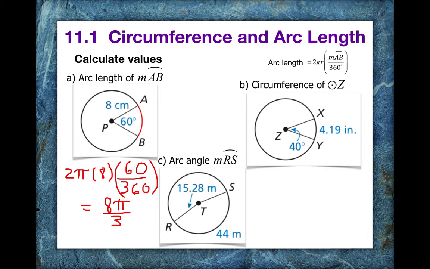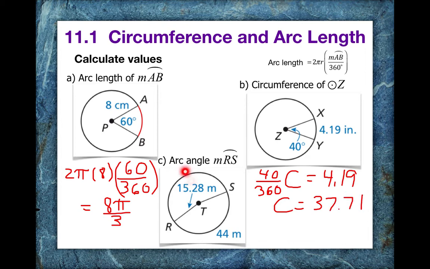So we know that 40 degrees over 360 times the circumference is equal to 4.19. And if we cross multiply and solve that out, we find that the circumference is 37.71.